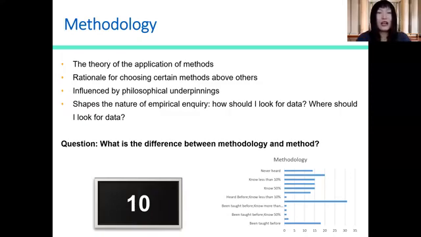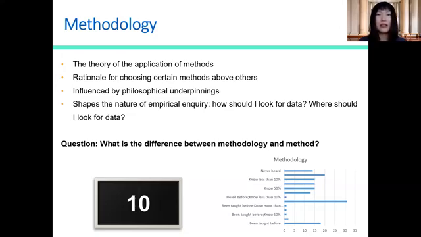The third concept, methodology. I assume most of you already know or have heard of this term. Methodology is the overarching strategy, and it is influenced by the philosophy that you choose.